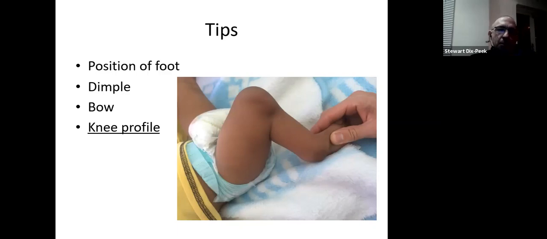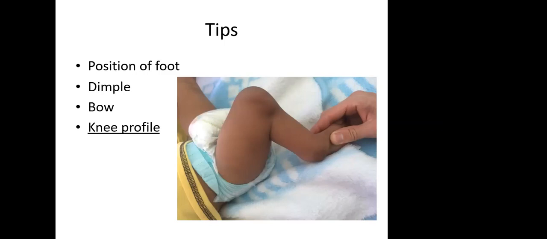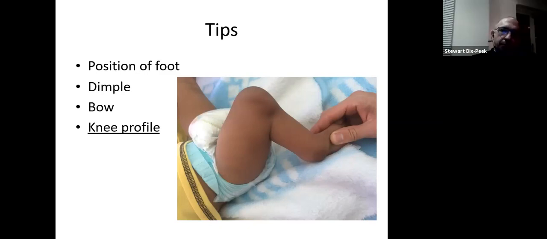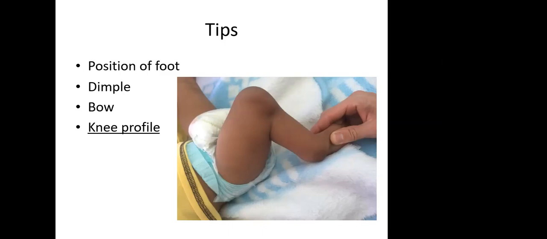Nico, slow down a little bit. Don't jump straight in. Where's the position of the foot? The foot is in varus. Okay, so it's fallen medially. Look for dimples. Just stay with what you've got and interpret a little bit later.